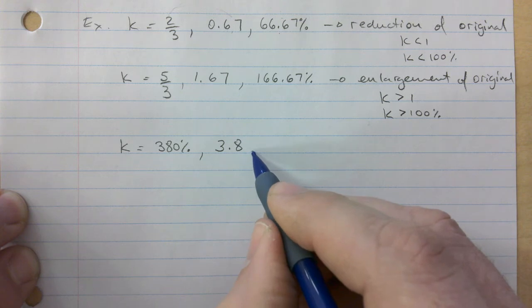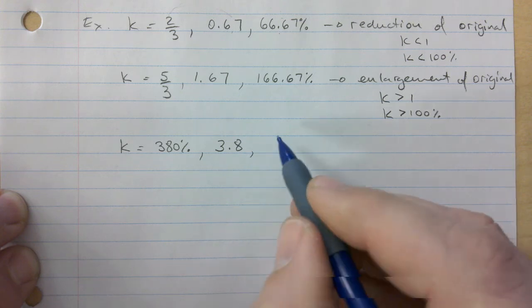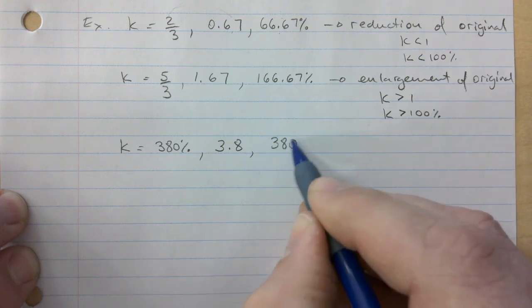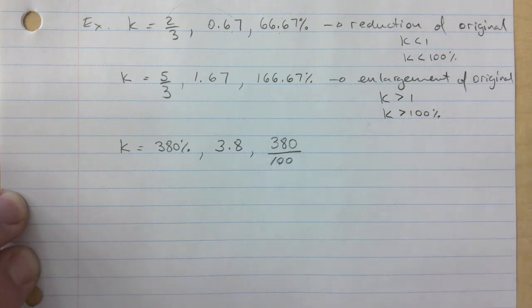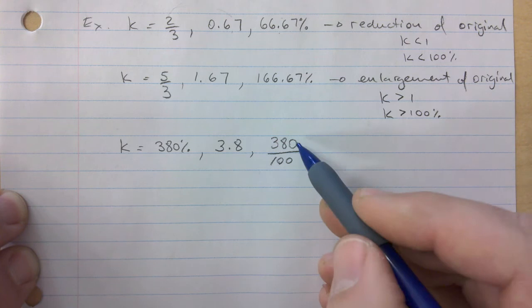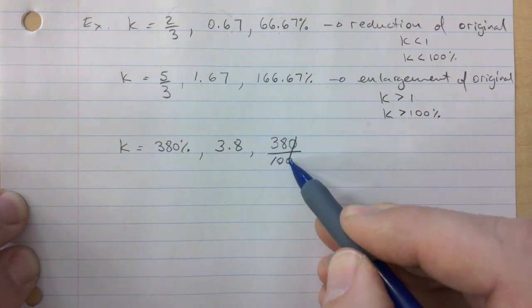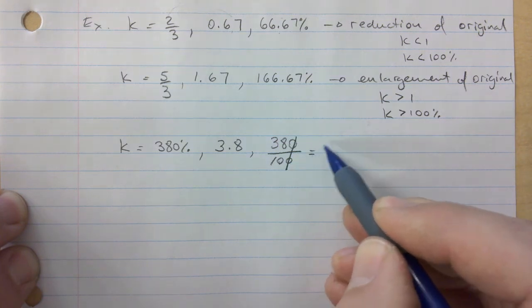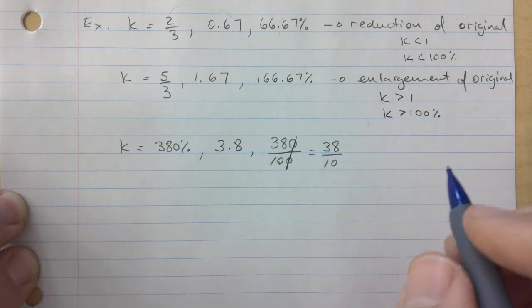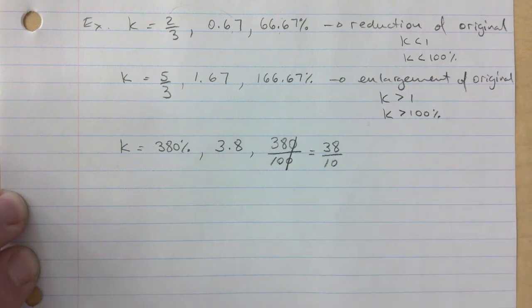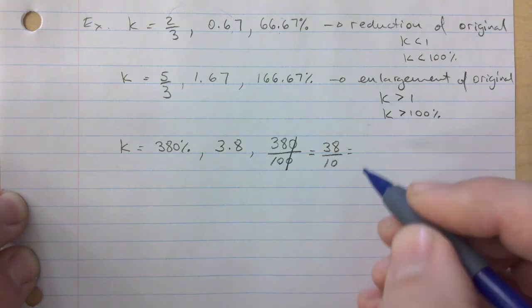You could also write it as a fraction if you'd like, and it's 380 over 100, right? Because that's what percent is. And you can cancel the trailing zeros, and that'd be 38 over 10. And I'm not going to ask you to reduce, but it's still good practice.